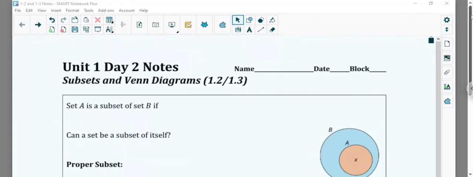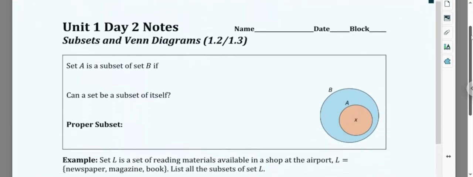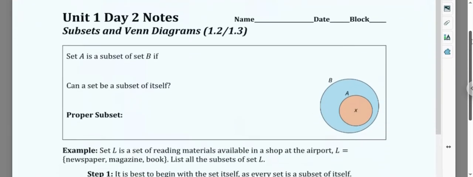Today we're talking about subsets, proper subsets of items.